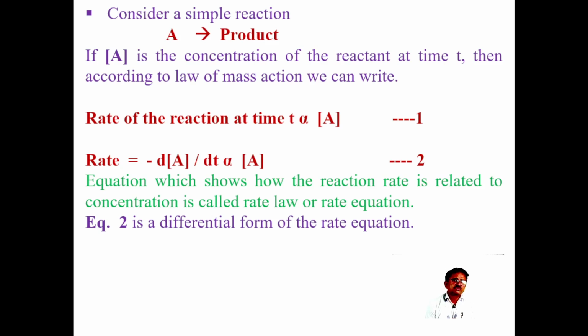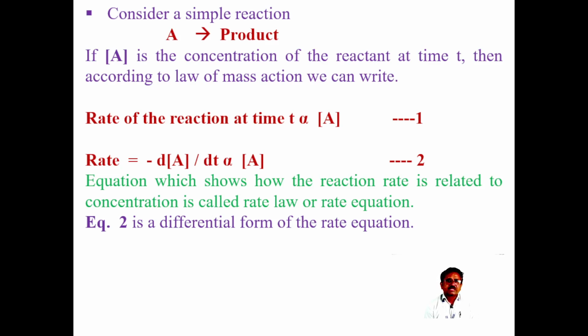To understand this, we have to consider a simple general reaction, A gives product. Now, if [A], the molar concentration of A, is the concentration of reactant at time t, then according to the law of mass action we can write, as per the mentioned equation, the rate of the reaction at time t is directly proportional to the concentration of A. We will call that equation 1.